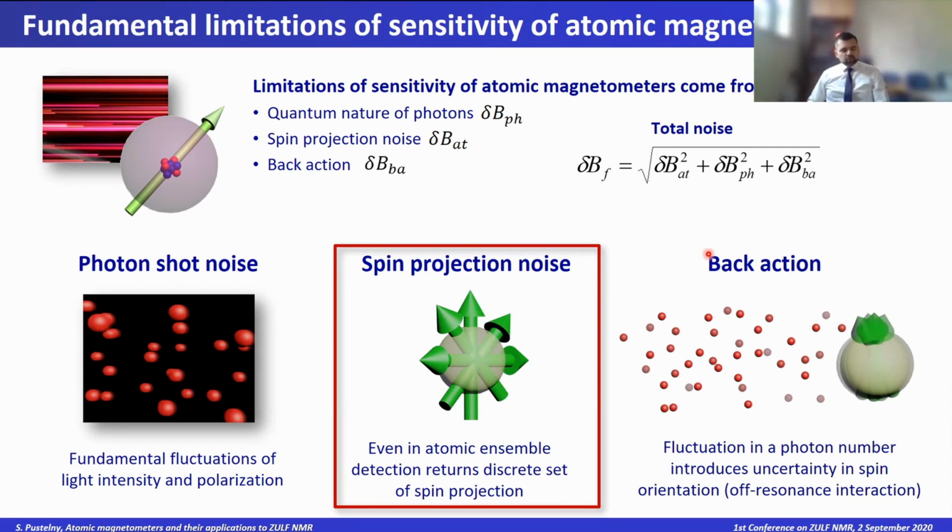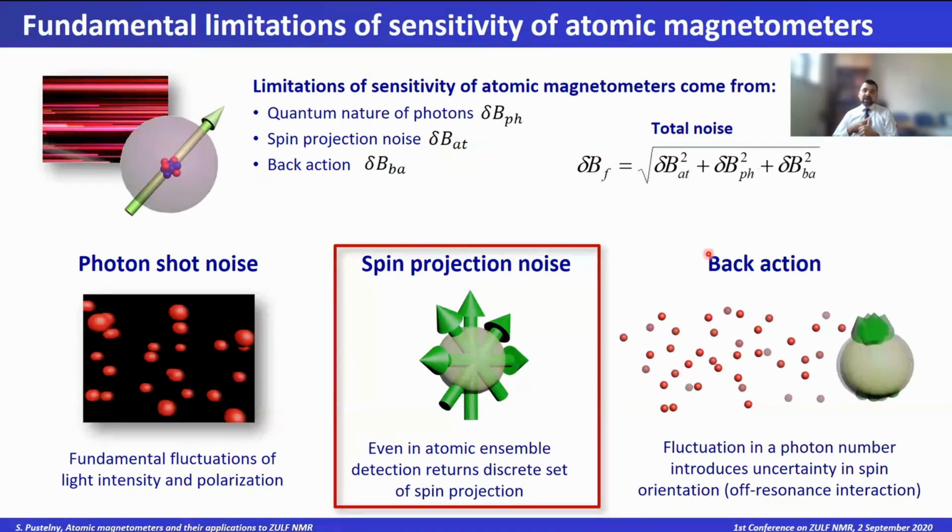We've already said that our optical magnetometer's two main ingredients are light and atomic spins. So light and atomic spins, and spins in general, are quantum elements. In particular, light can possess something that is called photon shot noise, which means that the number of photons in a light beam of a given intensity is fluctuating.